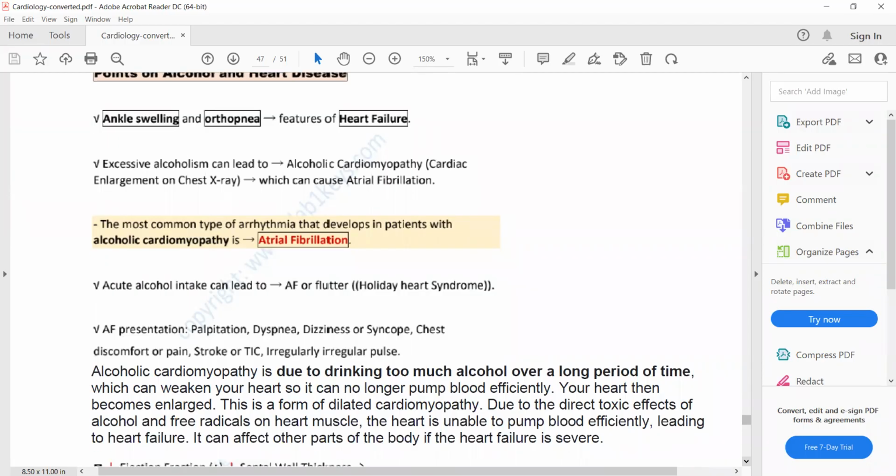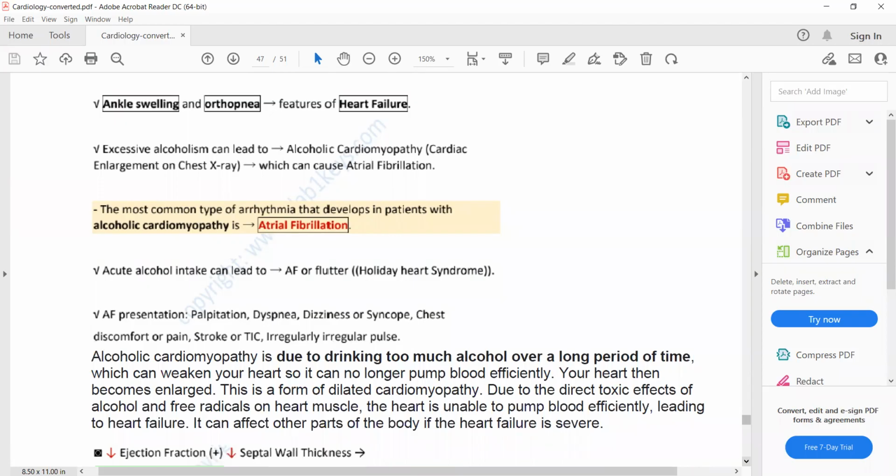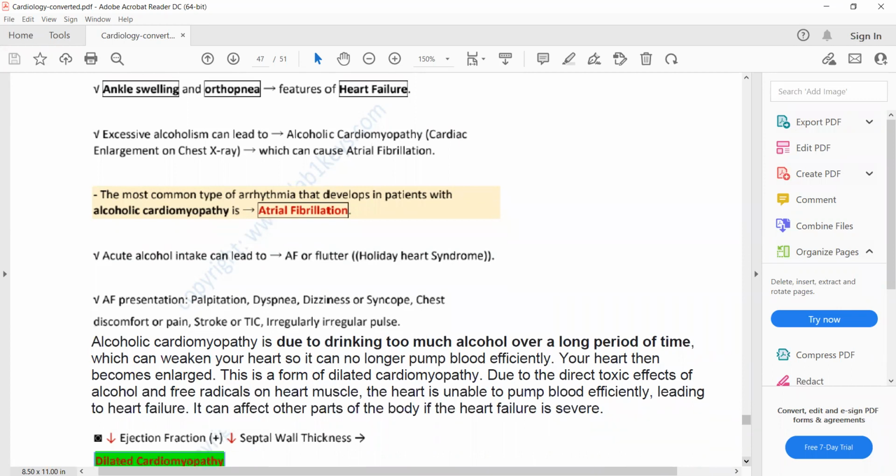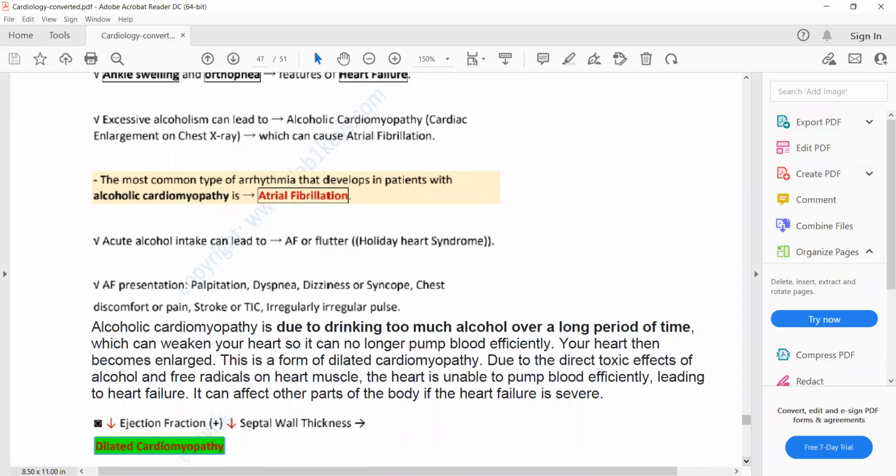Remember that drinking too much alcohol over a long period of time can weaken the heart muscles, due to which the heart is unable to pump blood properly.